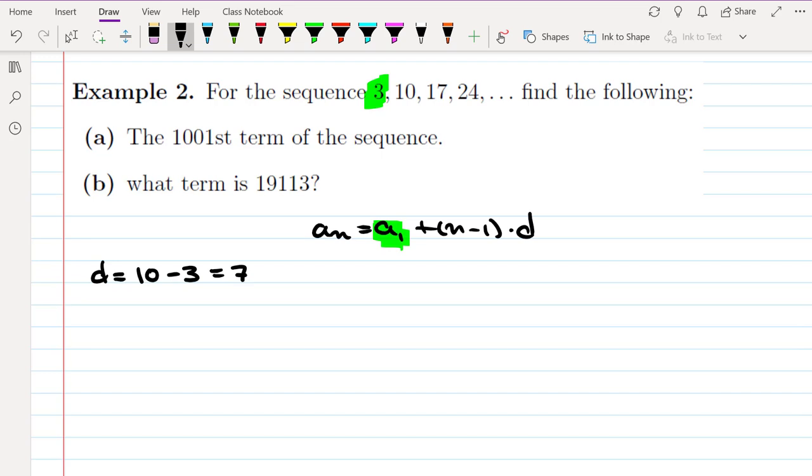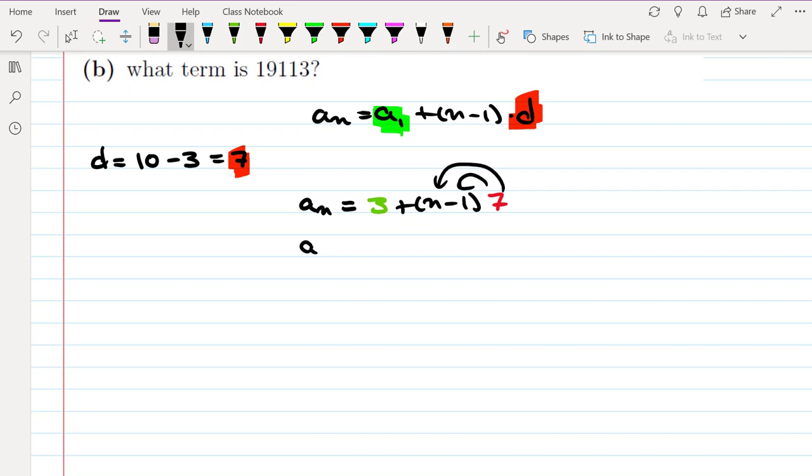Now that we have a1 and d, we put them into our equation, and we get a sub n equals 3 plus n minus 1 times 7. We can simplify this by distributing into the parentheses, and we get a sub n equals 3 plus 7n minus 7. So a sub n is equal to 7n take away 4.